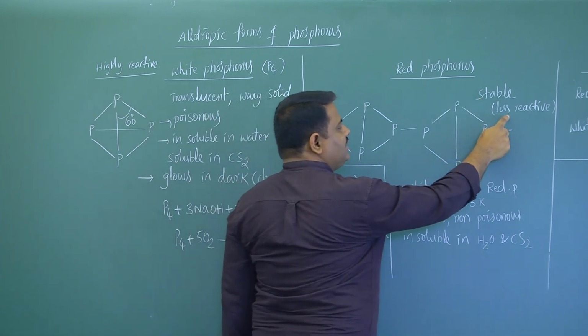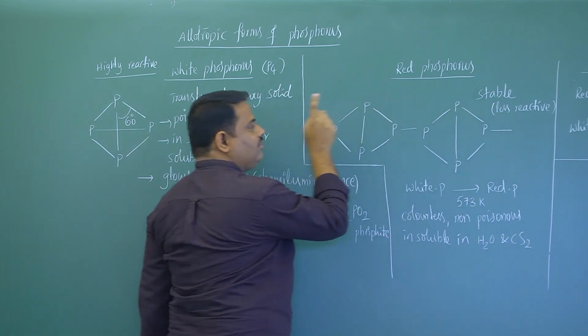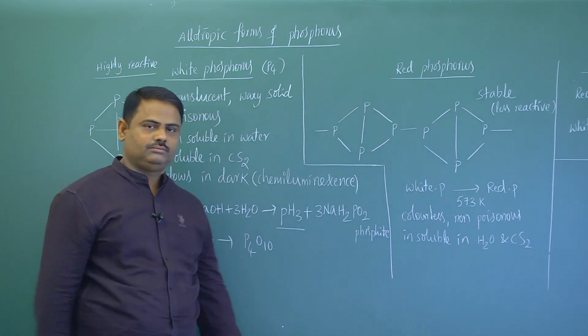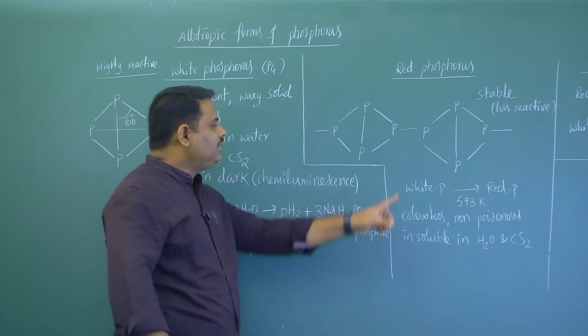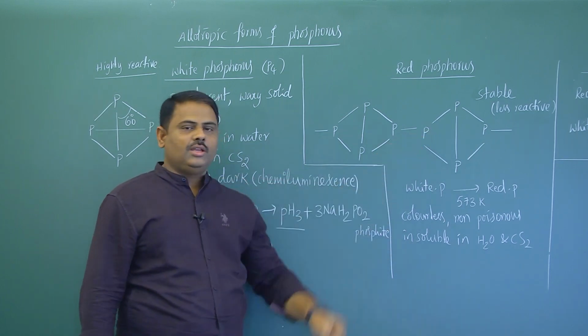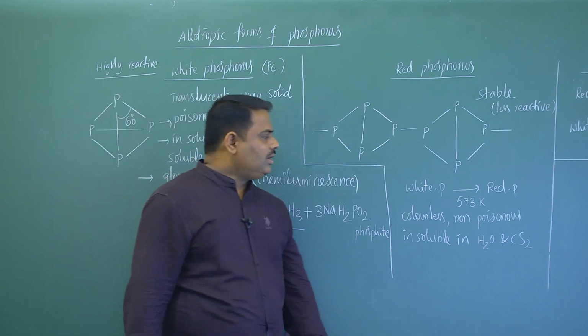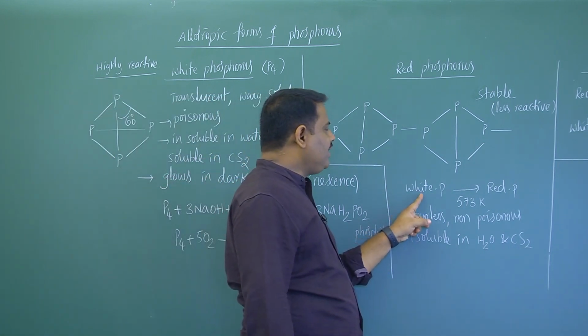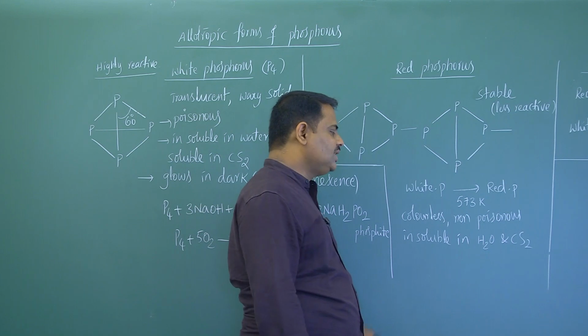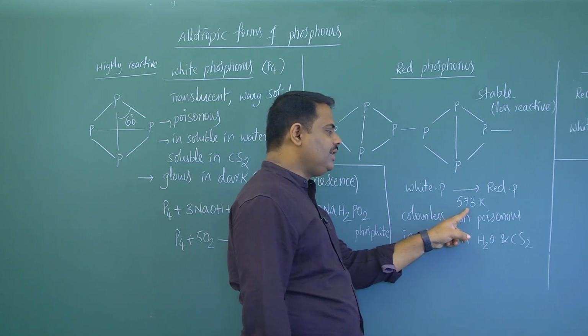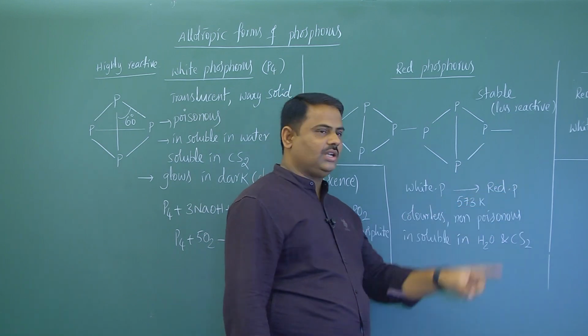This is less reactive when compared to white phosphorus. Only the reason is these extra linkages between P4 units. Now here, by heating white phosphorus at 573 Kelvin temperature, you will get red phosphorus.